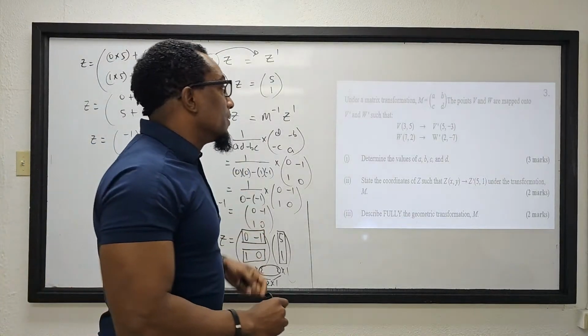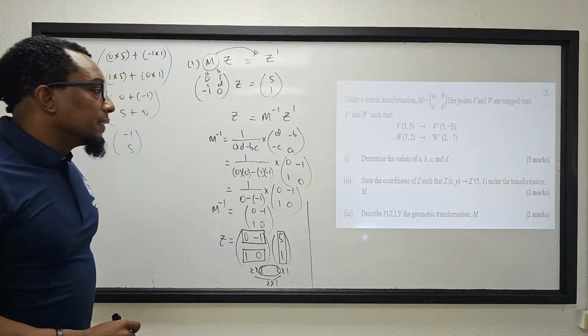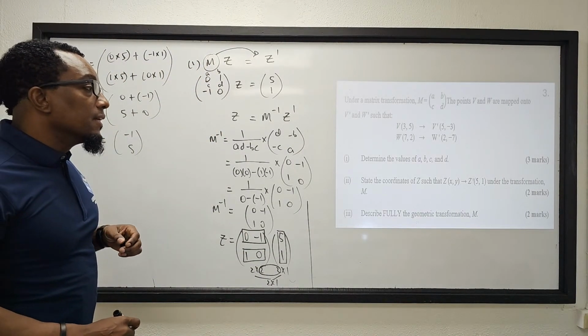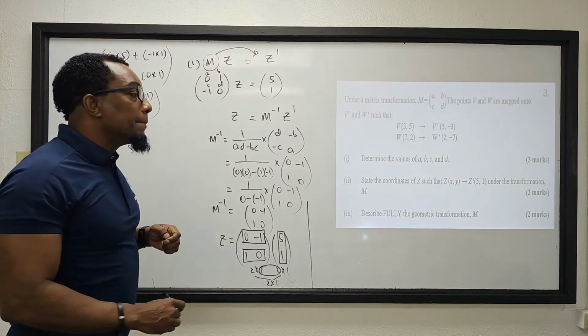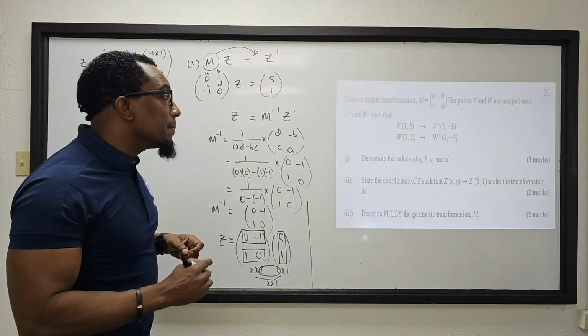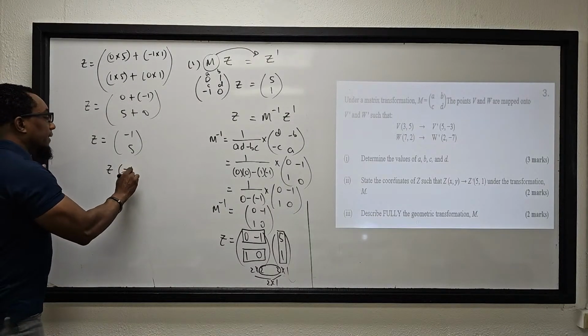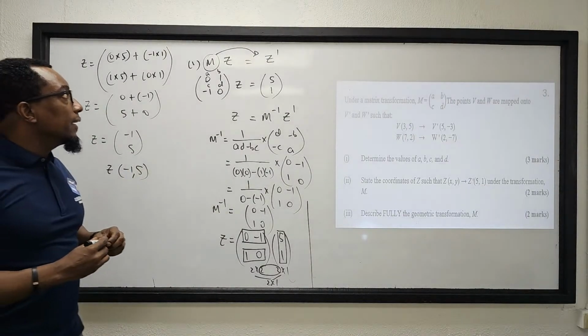Yeah? So the coordinates of Z, such that Z, when mapped onto Z prime under the transformation M, will be negative 1, 5. Okay?